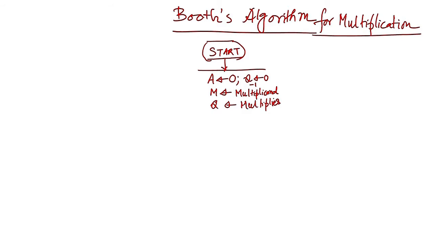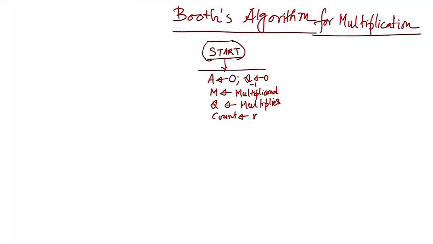Okay. And obviously, we should have a counter, that is the number of bits in multiplier or multiplicand. As I said earlier, the number of bits in multiplier and multiplicand must be the same. If any number has fewer bits, then we have to add 0 on the left side. Okay.